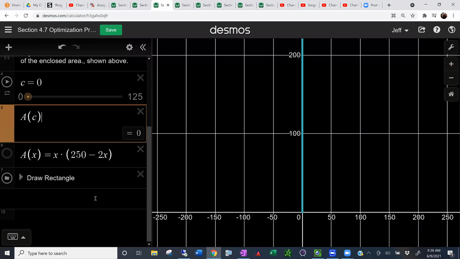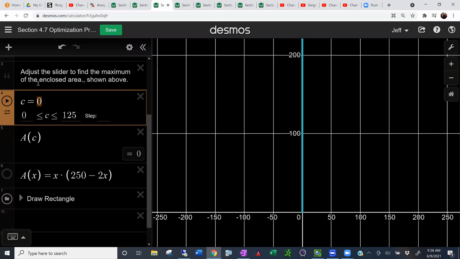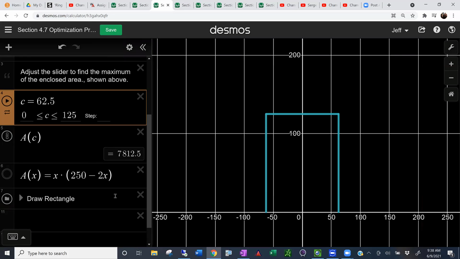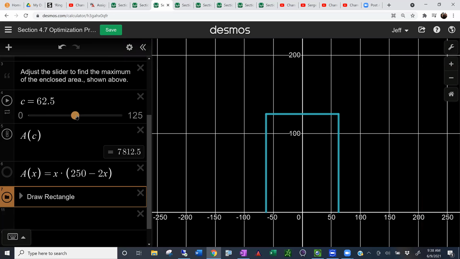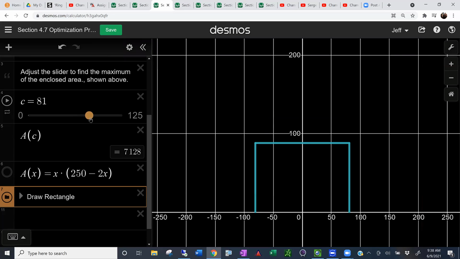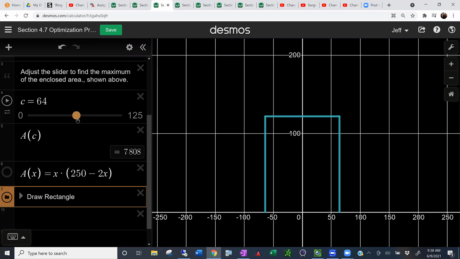Let's plug that in, see if it actually does maximize this area. I'll plug in 62.5 and I get an area of 7812.5. My guess is if I move this around a little bit, I'm not going to find anything quite as big.